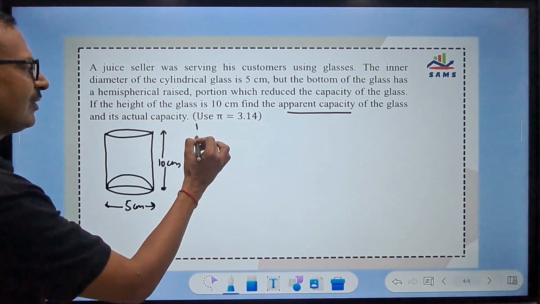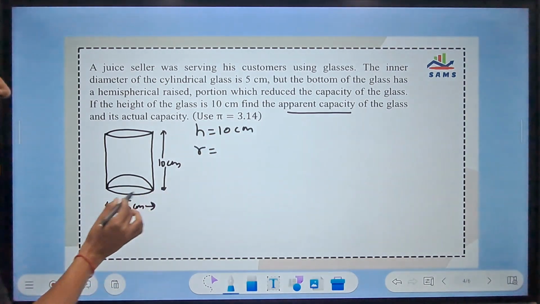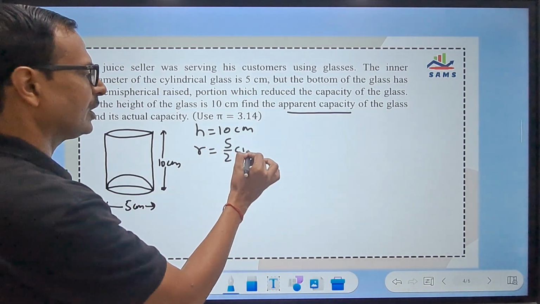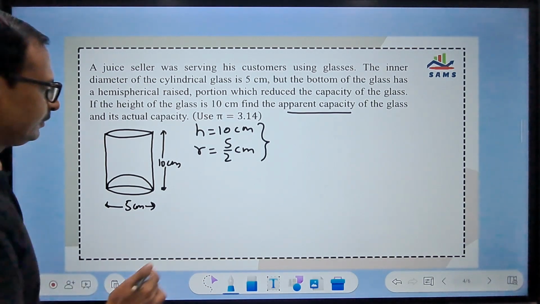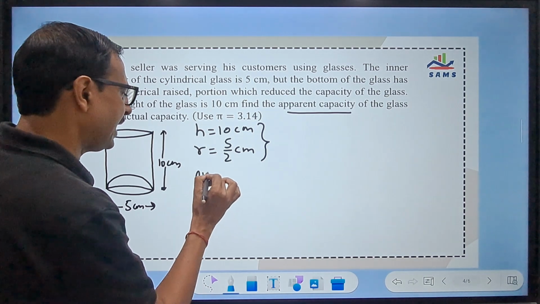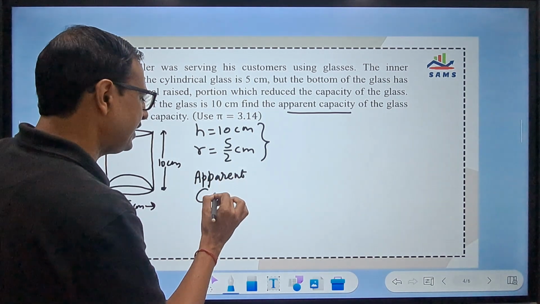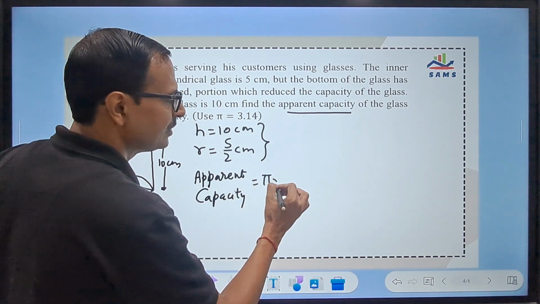So h obviously is 10 centimeters and r, the diameter being 5 centimeters, is 5 by 2 centimeters. Now given these dimensions, you have to find the apparent capacity. The apparent or the unreal capacity will be just the capacity of the cylinder, that is pi r square h.